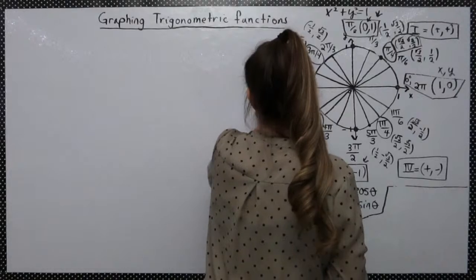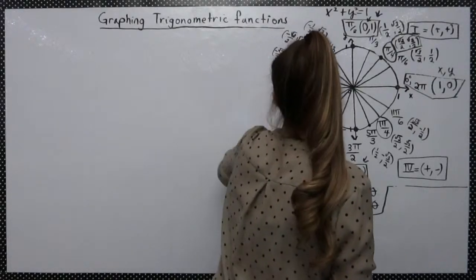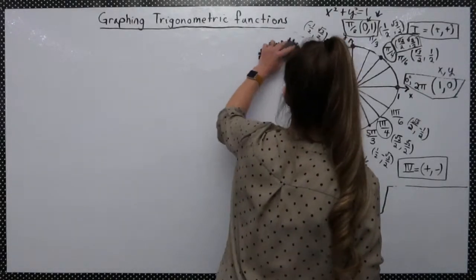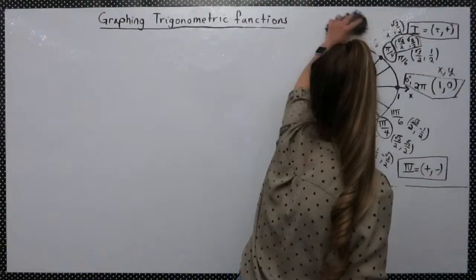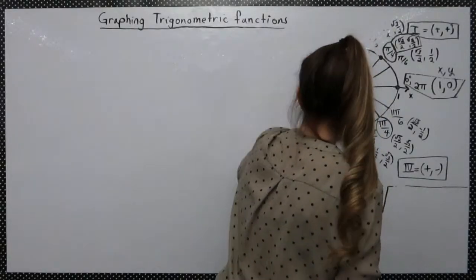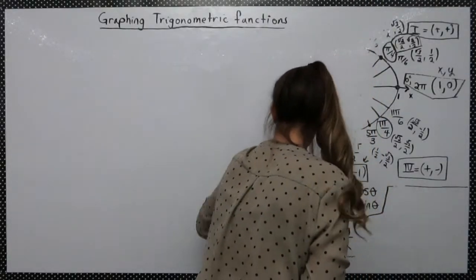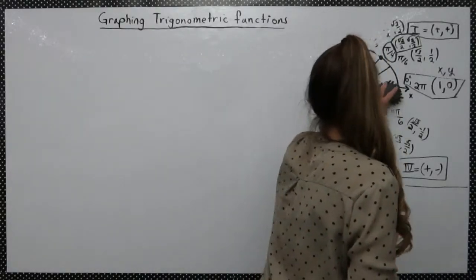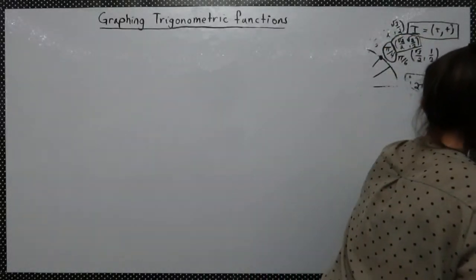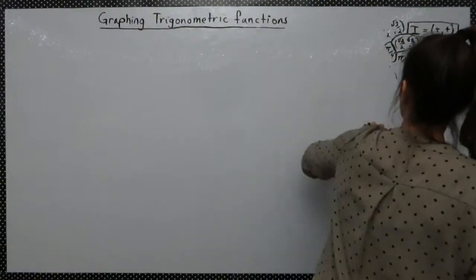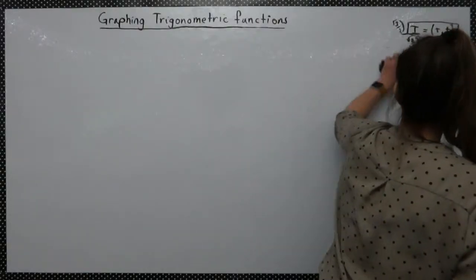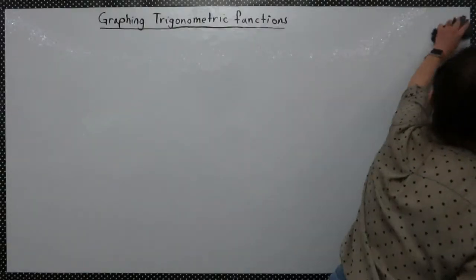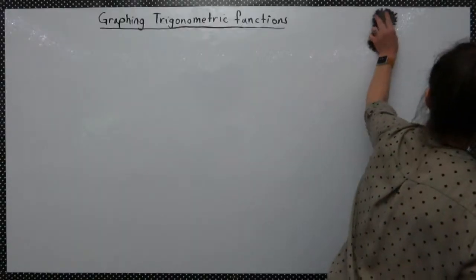Asymptotes are vertical lines and horizontal. They could be horizontal as well, but for this purpose, for tangent, they're vertical asymptotes in this case, and vertical asymptotes are found when the denominator of your function goes to 0.